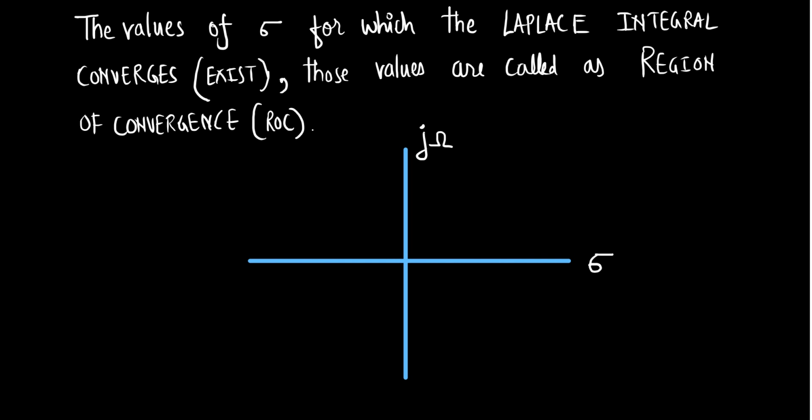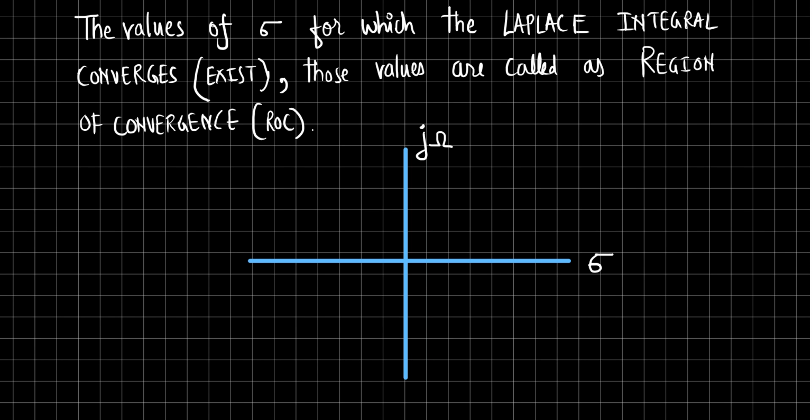Then we may have different values of sigma horizontally, say these values are -1, let's say -2, and so on. Let it be 1, 2, and so on.